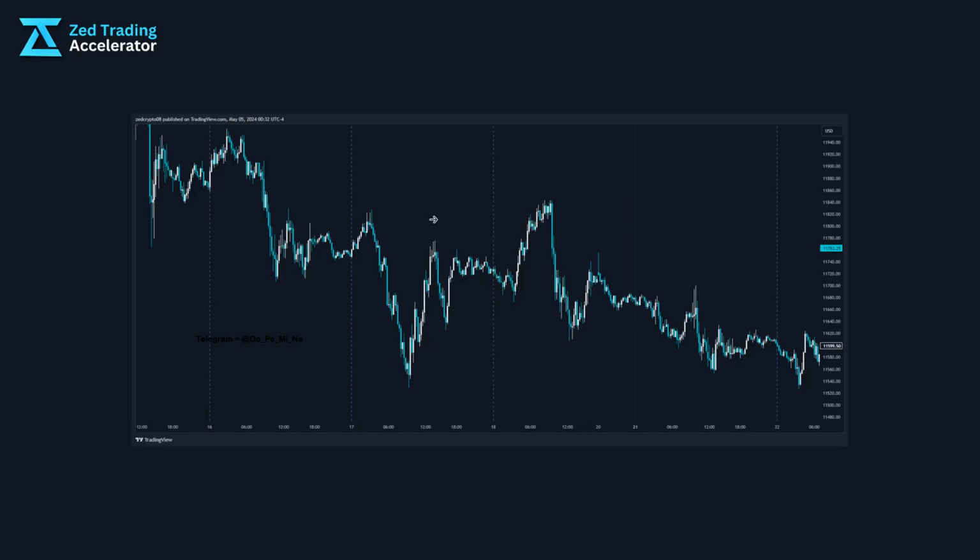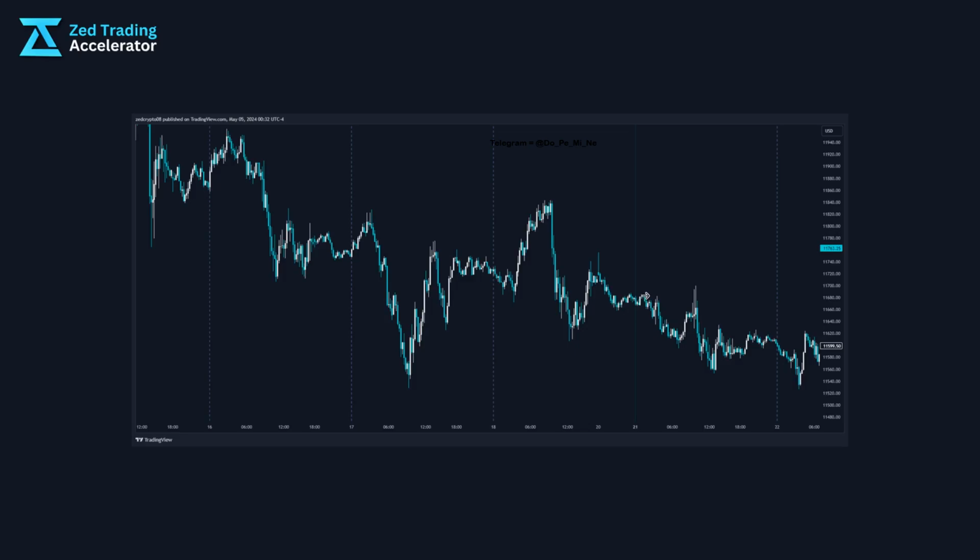Price reversed higher after reaching a higher time frame liquidity or PD array. The same with right here. The price reversed after taking out a higher time frame liquidity right here, and at the same time respecting this order block right here. We took out these equal lows, and then the price went lower.